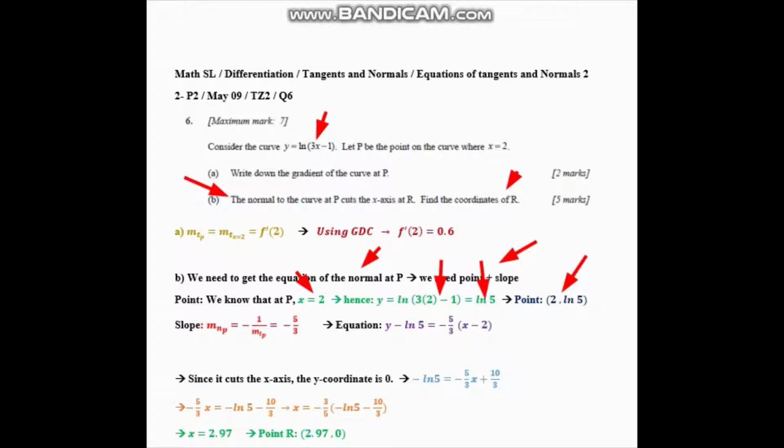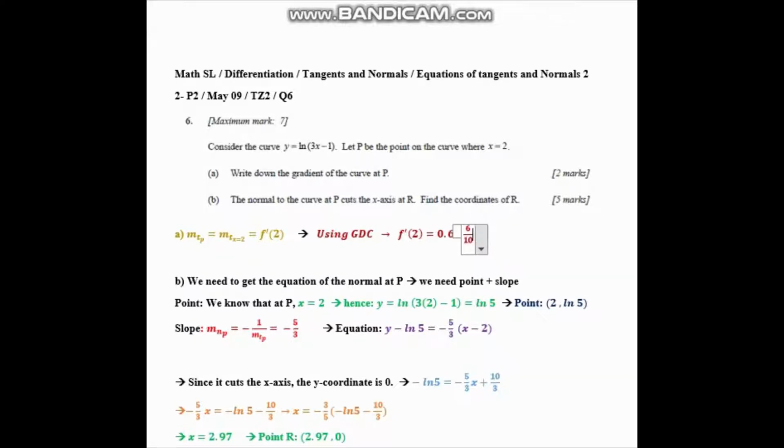Next, we want to get the slope of the normal line, and we know that the slope of the tangent line is 0.6. Of course, 0.6 can be written in fraction form as 6/10, or actually 3/5 as well. So if we want to get the inverse slope of that, we shall switch and flip.